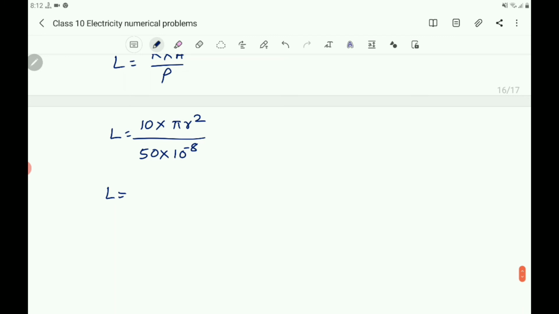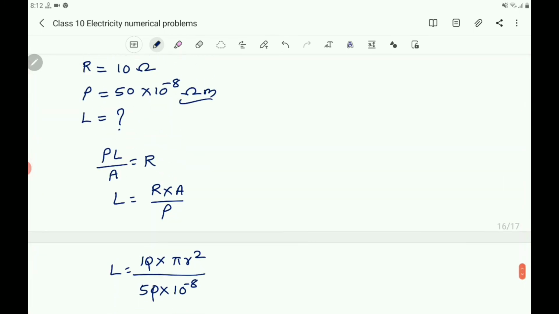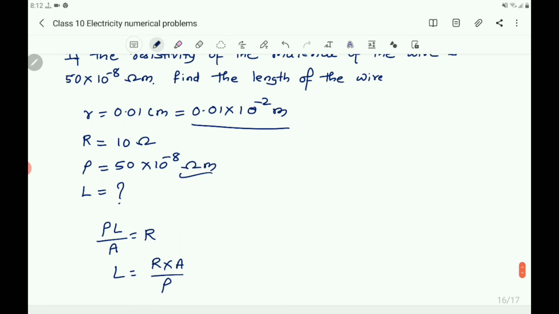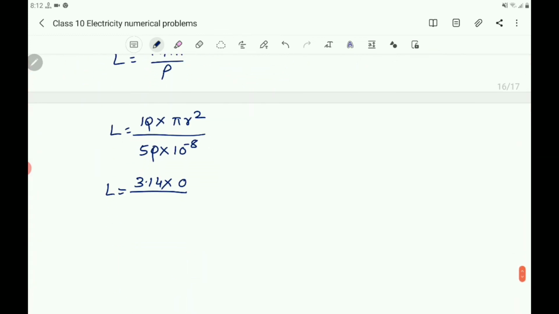Then you write L equals, can cancel here. Pi is 3.14 into R is 0.01 into 10 power minus 2 whole square you can write, or otherwise you write into 0.01 into 10 power minus 2 divided by 5 into 10 power minus 8.